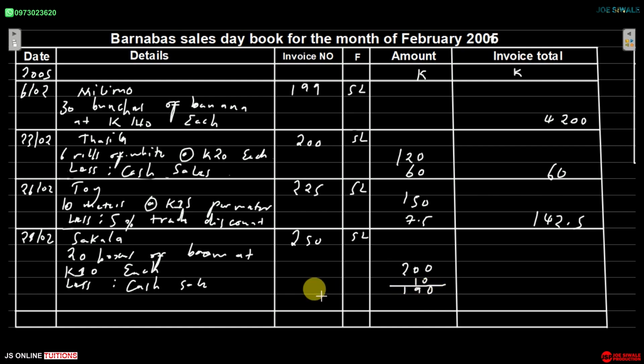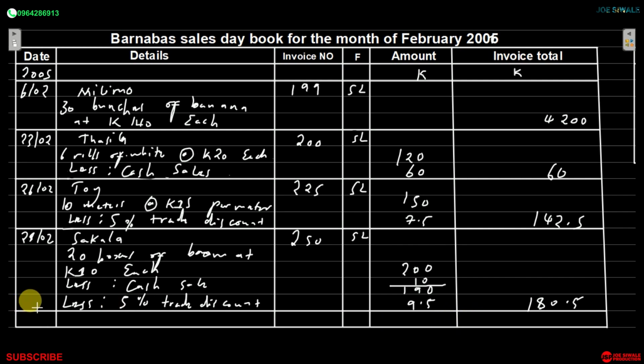And we know that on the 190, Siwale was given a trade discount of 5%. So we're going to find 5% of 190. So say less 5% trade discount. So 5% of 190 there is 9.5. So we are going to subtract 9.5 from 190, and our answer is going to be 180.5.